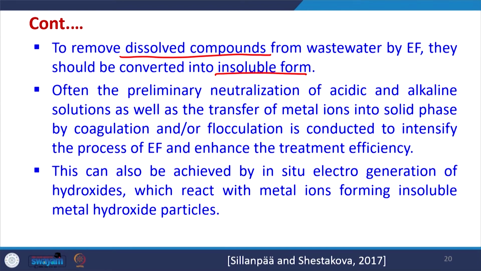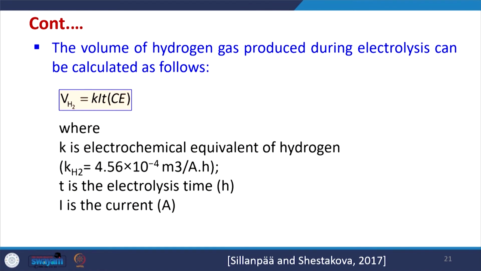Often this can be done by neutralization of acid and alkaline solutions, as well as transfer of metal ions into the solid phase by coagulation and or flocculation. So, during electrocoagulation, electro-flotation may also work along with it, and it enhances the overall treatment efficiency if both are working together. This can also be achieved by in situ electrogeneration of hydroxides, which react with metal ions, forming insoluble metal hydroxide particles.